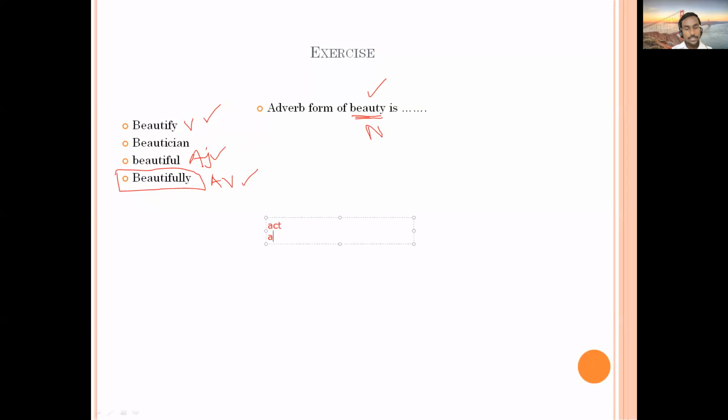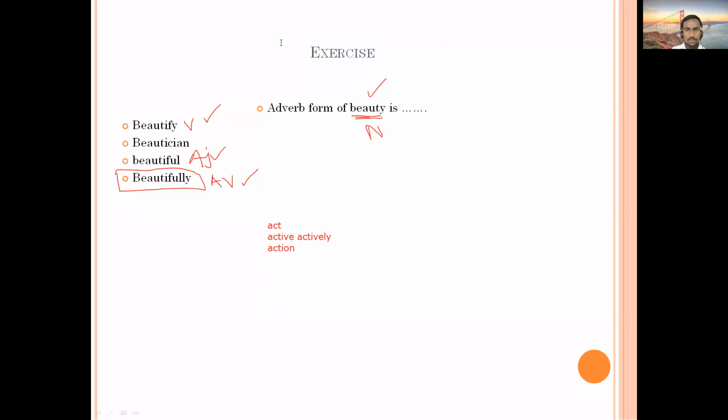You need to change it like this: active, actively. And you can also make its noun like action. So this way you should be able to make different categories from the same word. It can be noun, verb, adjective, adverb. You can practice like this.